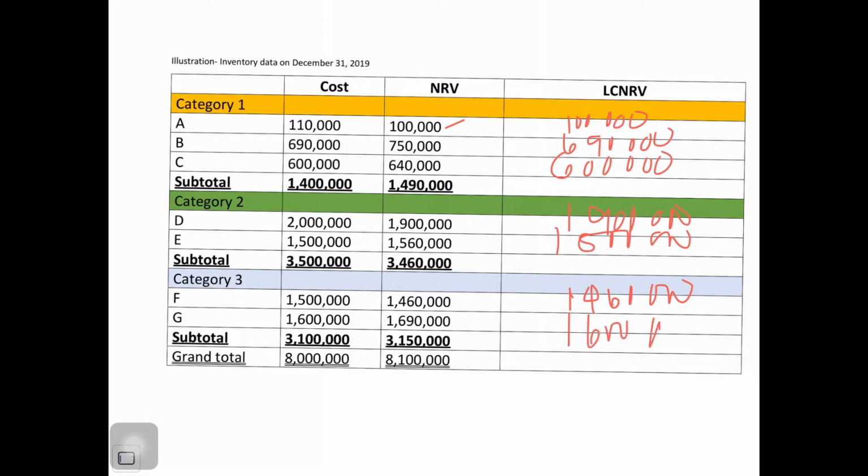So total, guys, 100 plus 690 plus 600 plus 1,900 plus 1,500 plus 1,460 plus 1,600.